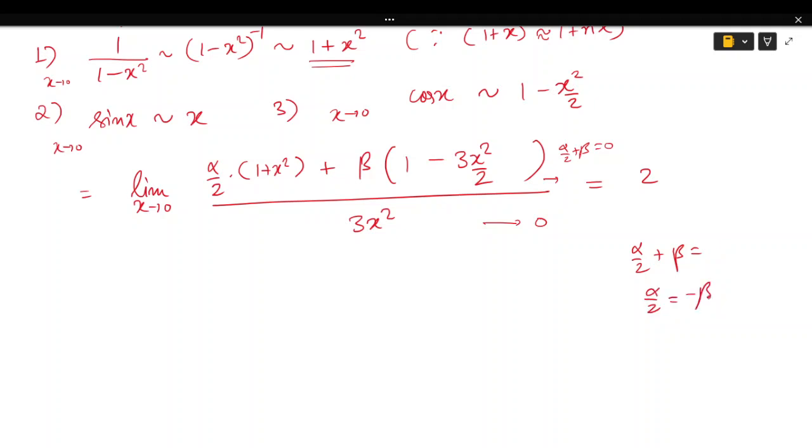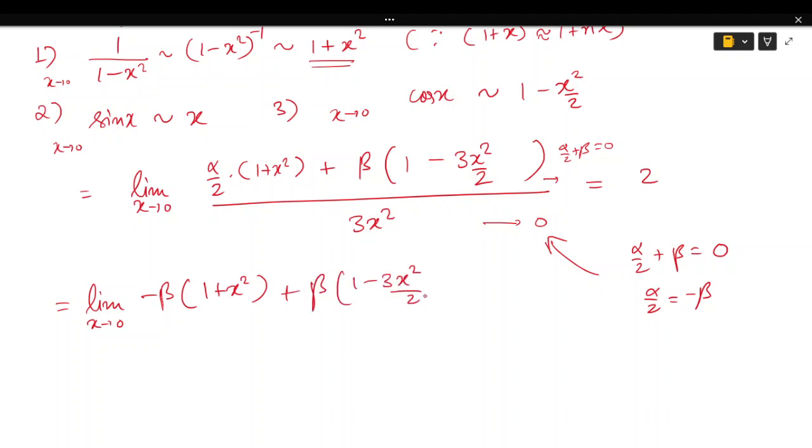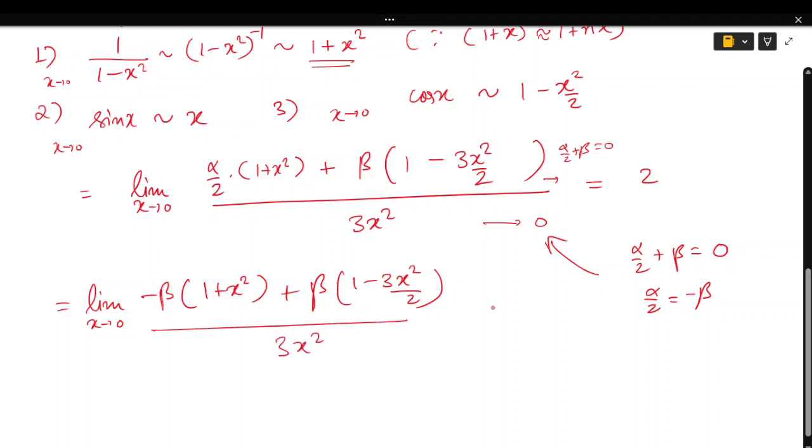So alpha by 2 will come out to be minus beta. Now using this in this equation, we get the limit as x tends to 0. In replacement of alpha by 2, one can write minus beta times 1 plus x square, plus beta times 1 minus 3x square by 2, and in the denominator we have 3x square, which is equal to 2.